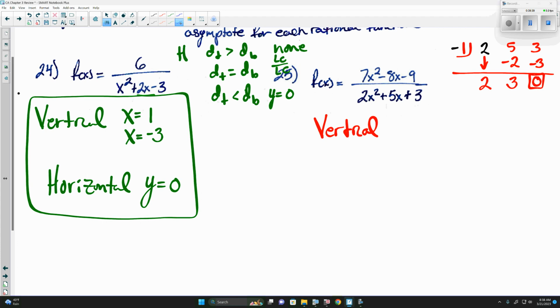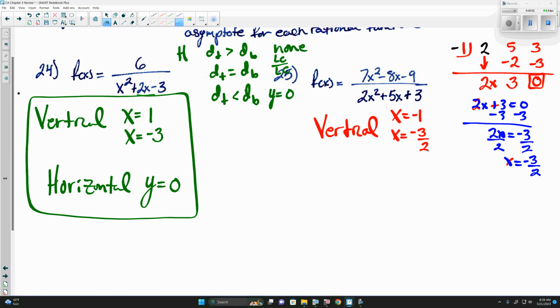And what that leaves us with is 2x plus 3 is equal to 0. So one of the zeros was -1, and the other is negative 3/2. If we'd have used the quadratic formula, we would have found -1 and negative 3/2.